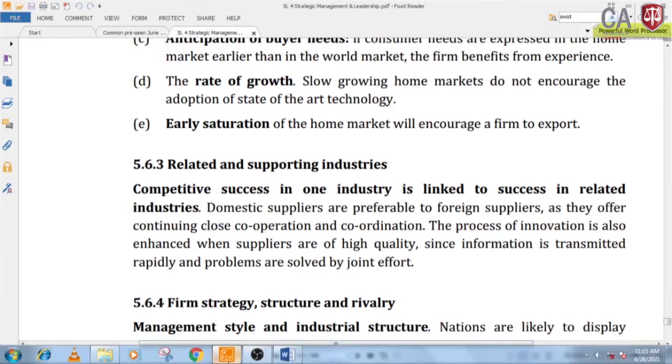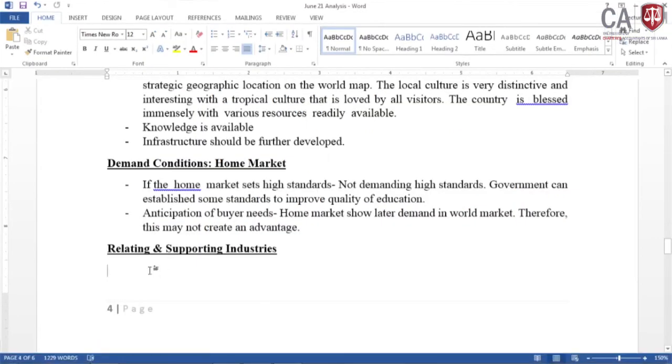Now here one thing is they can obtain service of foreign affiliated universities. It's a support industry.